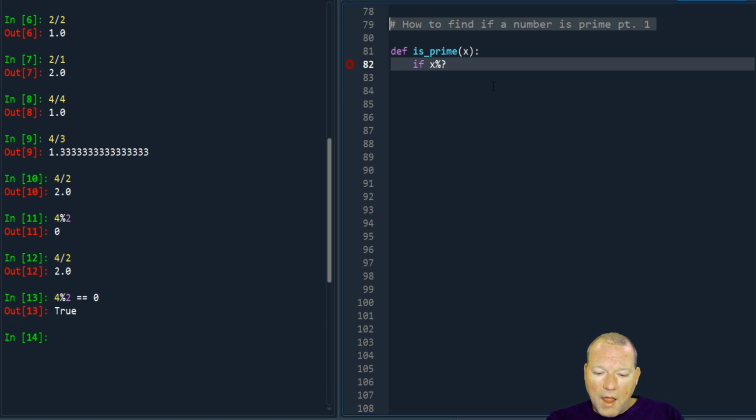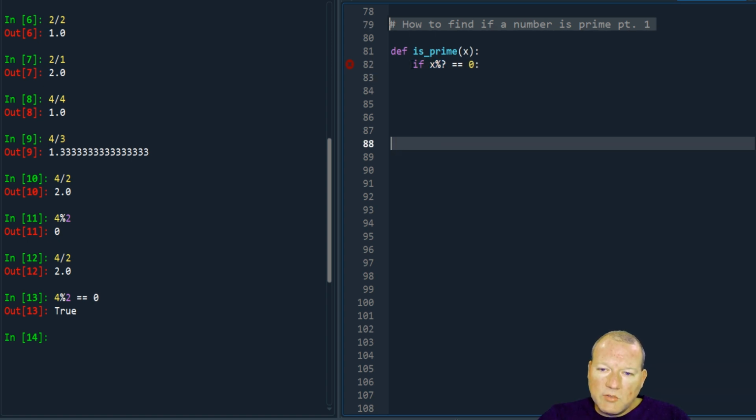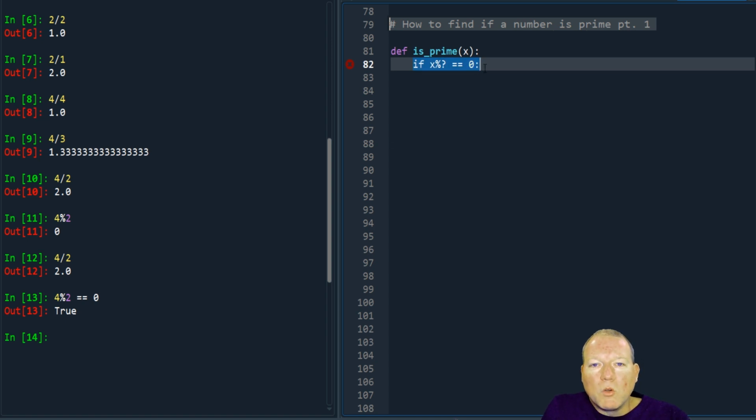So what are we going to do to solve this right here? We've already solved basically how we're going to identify what will be a divisor. So how are we going to check what numbers to check?